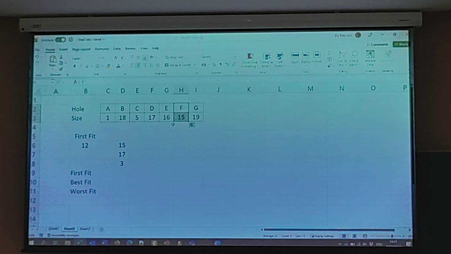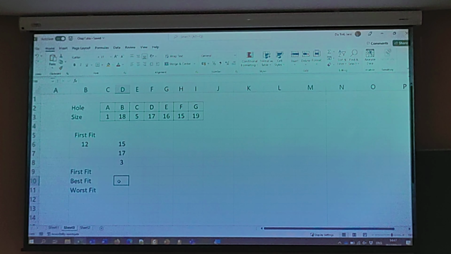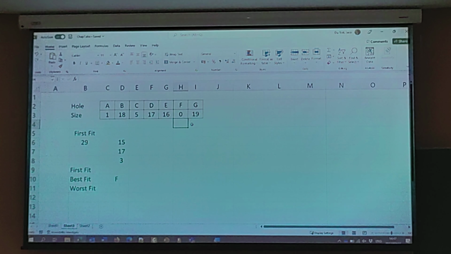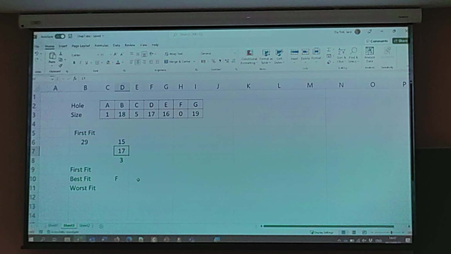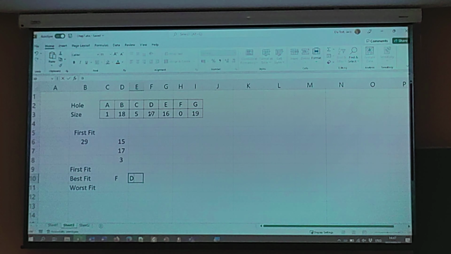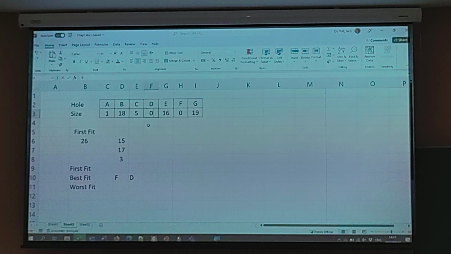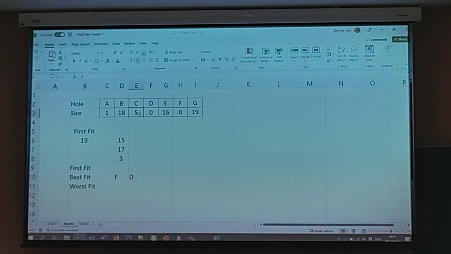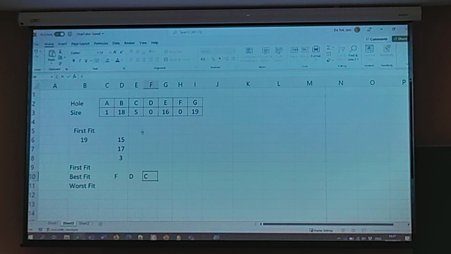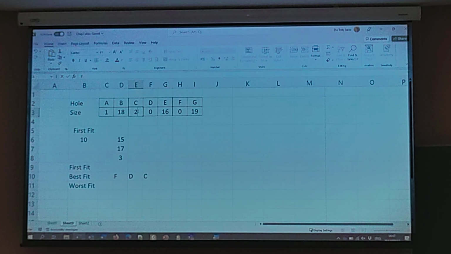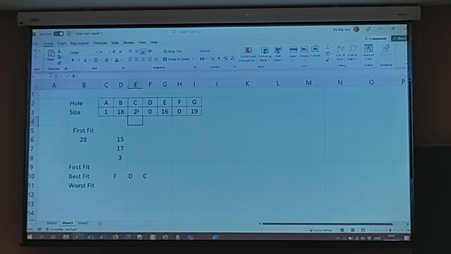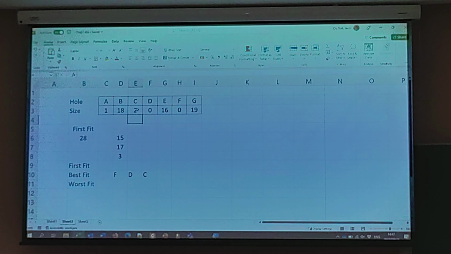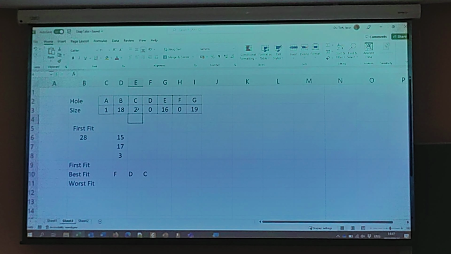I can't remember how it was before this, so I'm just going to say F. That gives me 0. Then 17, that's a D. 0. Then 3, C. And there's 2. Does that answer your question? Right, so really just which one, if you subtract the 2 values, gives you the smallest number. That's all.